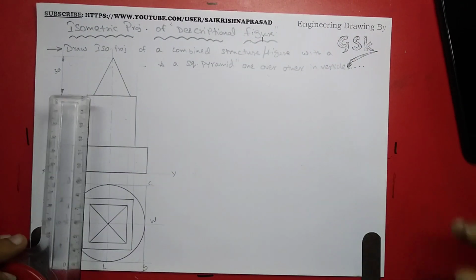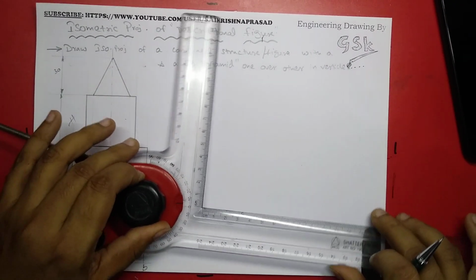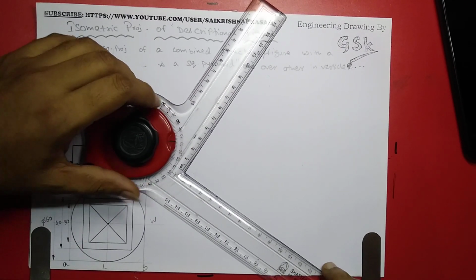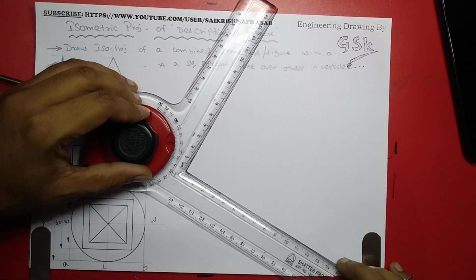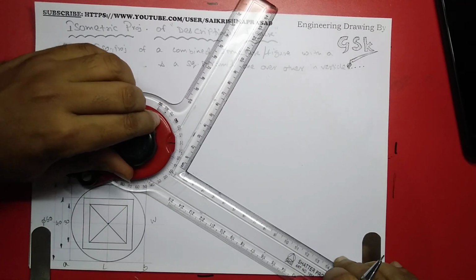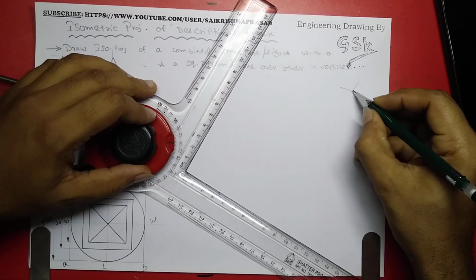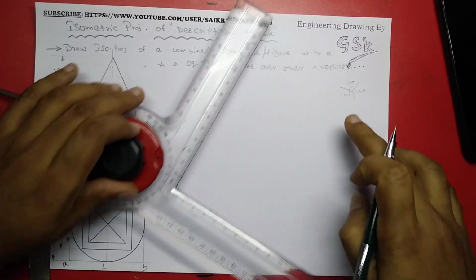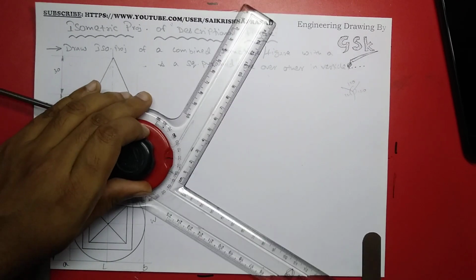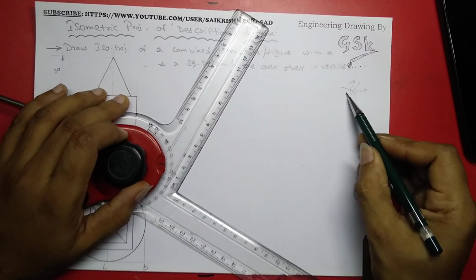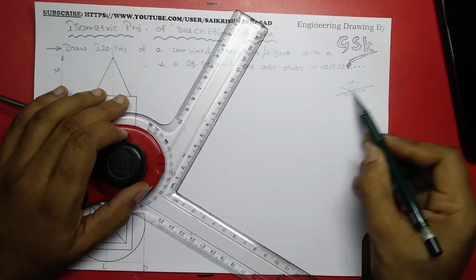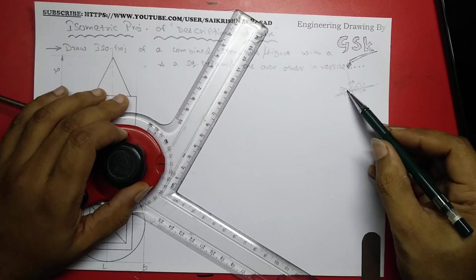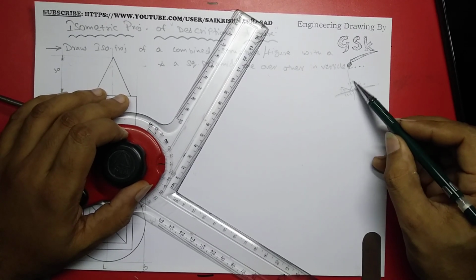Now coming to the isometric, I have to draw three lines. What are they? Simply length, height and width. And they are equal to 120 degrees to each other: 120, 120 and 120 degrees. So I'll be placing these types of lines over here. So this is the 0 line, 30 degrees, 30 degrees. If I draw these two lines and a vertical line, I can place length, width and height on these.